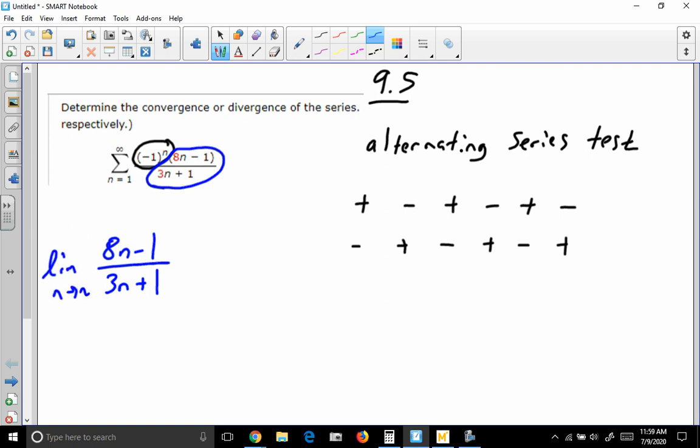If we take the limit of this part as n goes to infinity, as n gets bigger and bigger and bigger, this is going to go to 8/3.